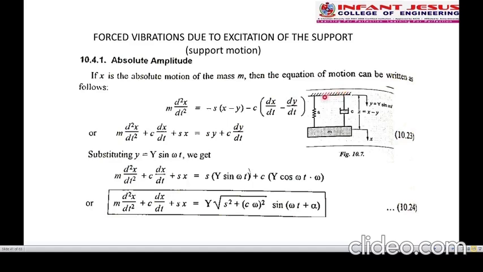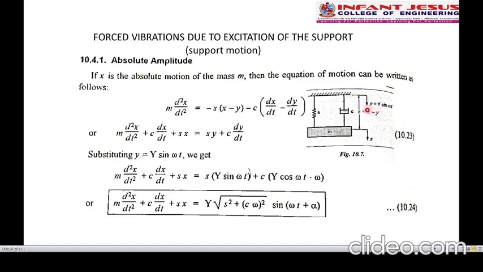In many applications the excitation is applied through the base or the support instead of being applied to the mass. So here there is an external force, and due to this there is a displacement y, where y is equal to Y sin omega t.